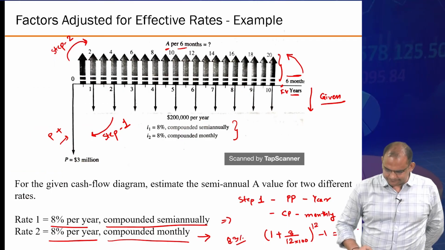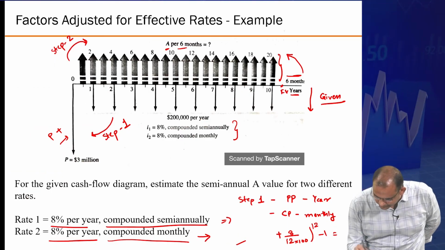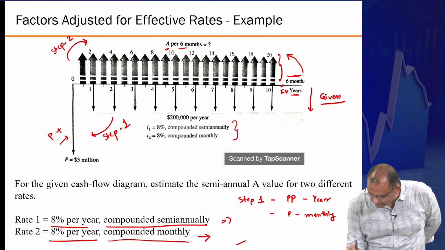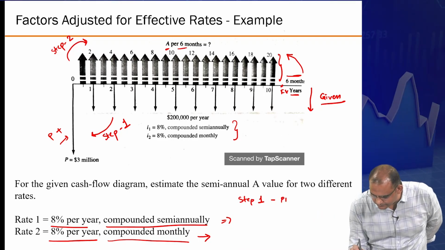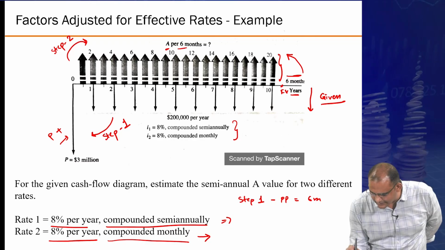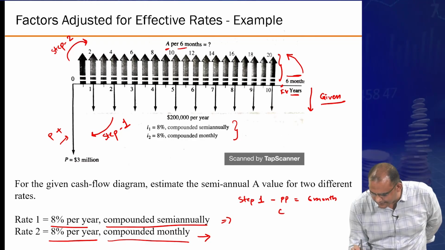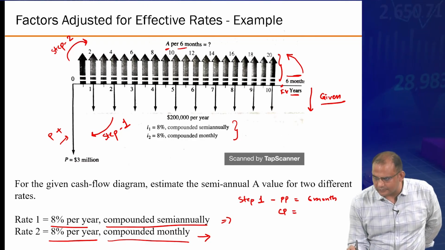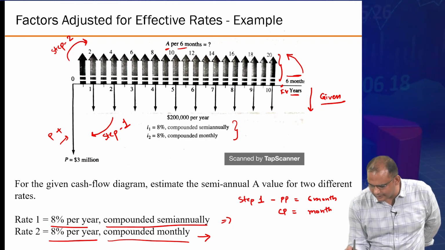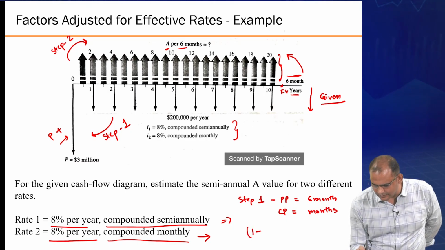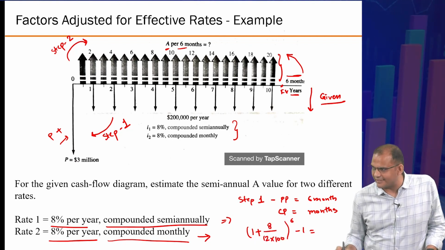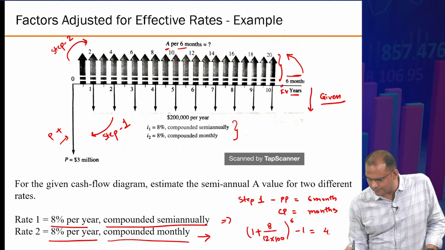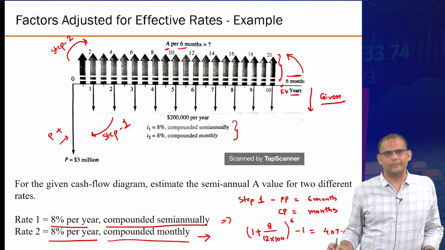Now, second part, the step 2. What is your payment period now? 6 months. What is your compounding period? What will be the rate? 4.07%.